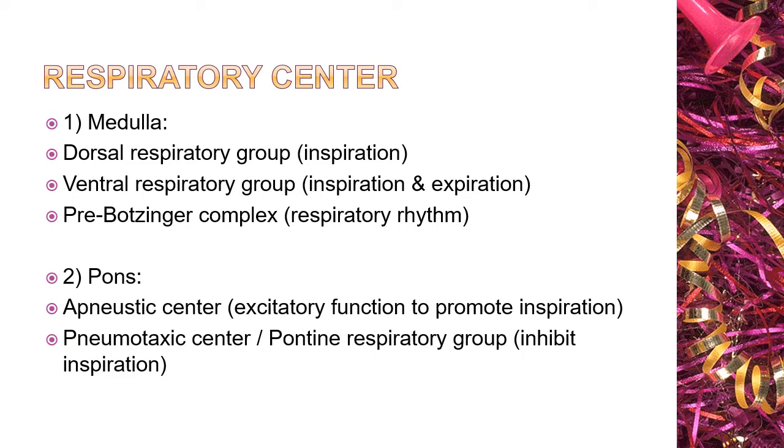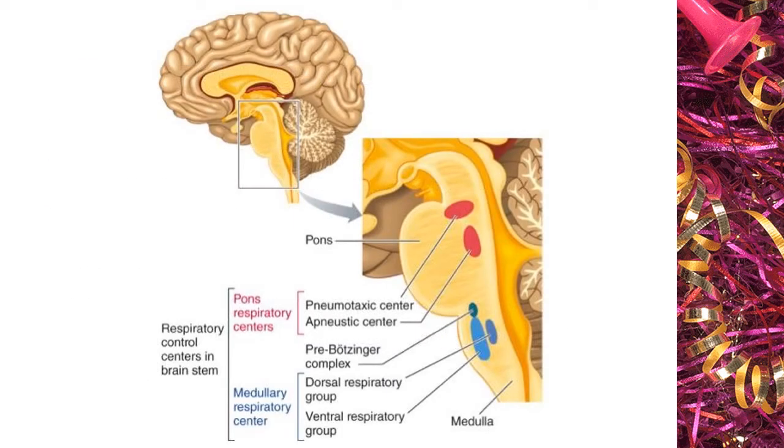All right, and next you have the pons. In the pons there is the apneustic center and also the pneumotaxic center, and we will discuss all of these respiratory centers later on. So again, in this slide, I'd just like to show you the location of each of these respiratory centers.